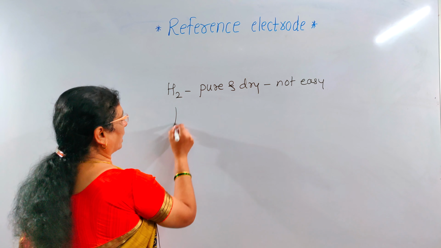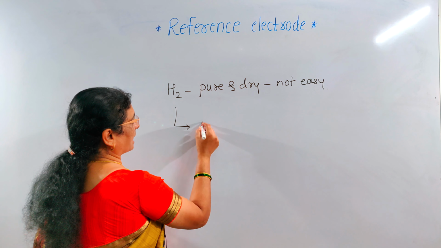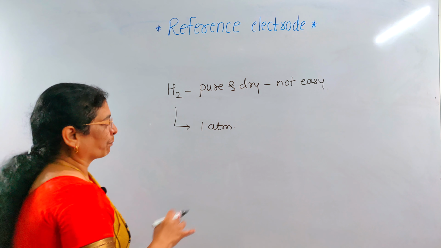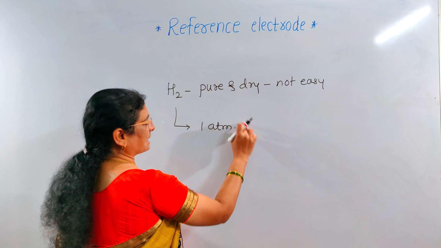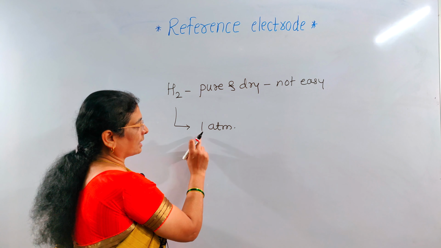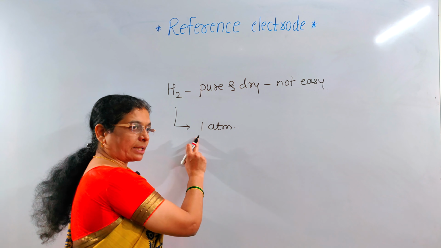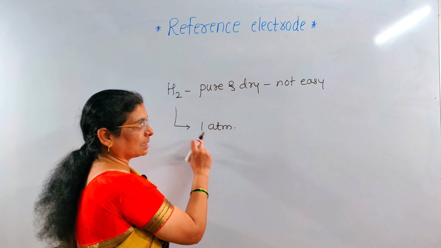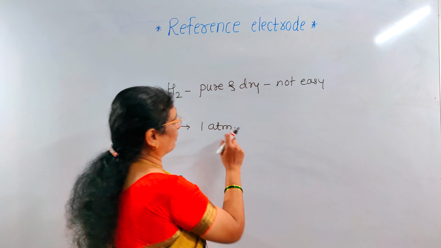Now here this pure and dry hydrogen gas must be at 1 atmospheric pressure. When the working of standard hydrogen electrode is taking place, to maintain the pressure of the gas at 1 atmosphere is not possible. That is, you can't say that during the working of standard hydrogen gas electrode the pressure of hydrogen gas is exactly equal to 1 atmosphere.